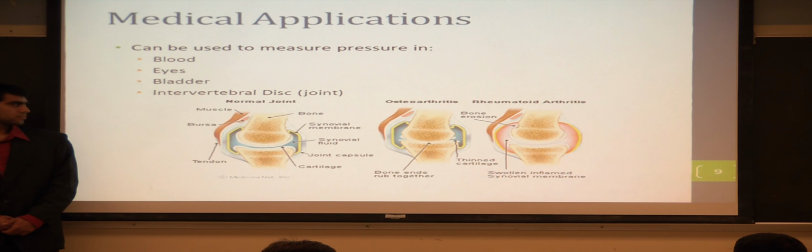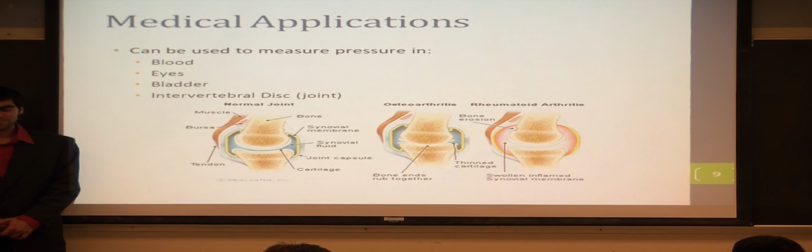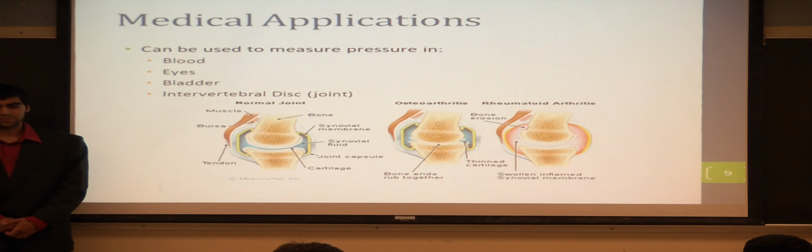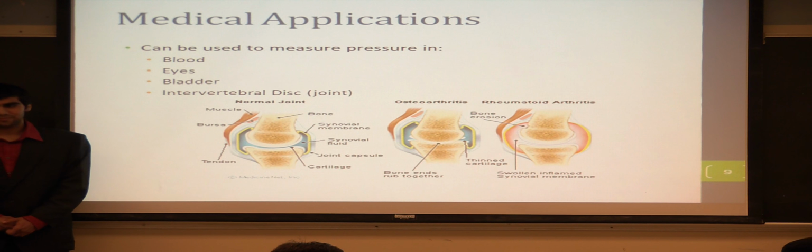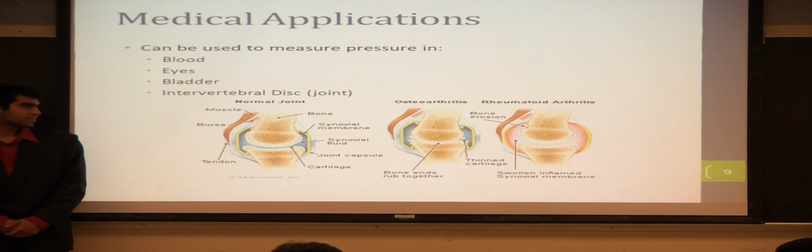And the bioinstrument, the needle pressure transducer, can be used to measure the pressure that is present in the fluid surrounding the joint, and in the osteoarthritis, which is the middle picture, there's no space present, which I would assume would probably have more pressure.